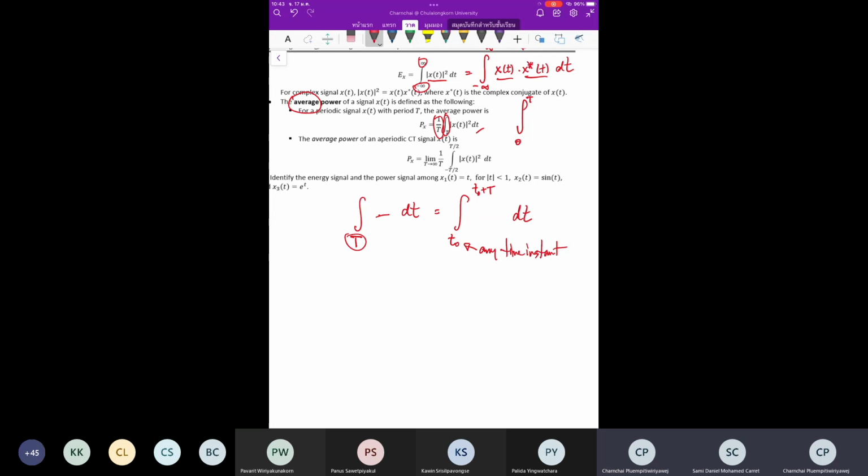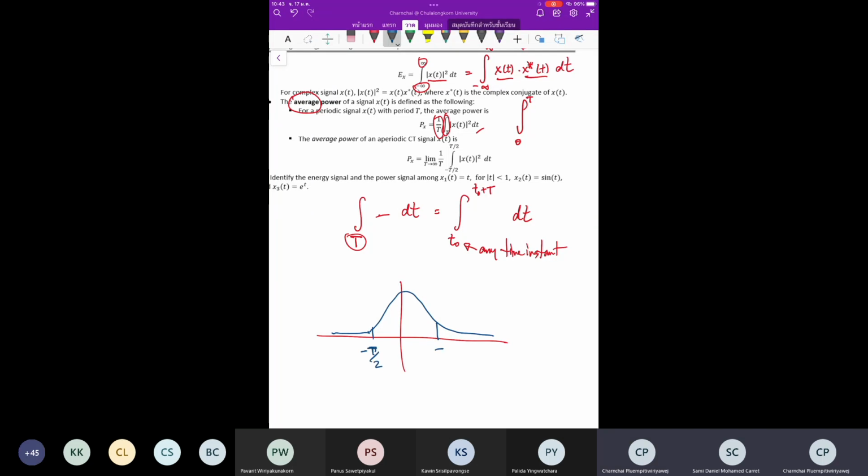If it's non-periodic, suppose you have a function that is non-periodic like this. First you think of it as integrating from negative T over 2 to T over 2, and then you extend this T to infinity.